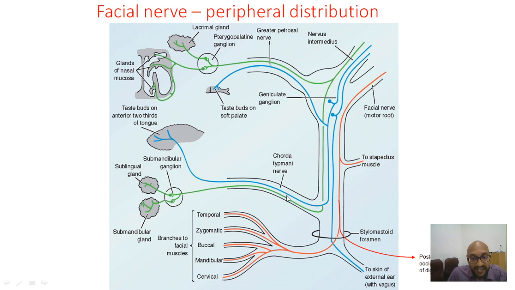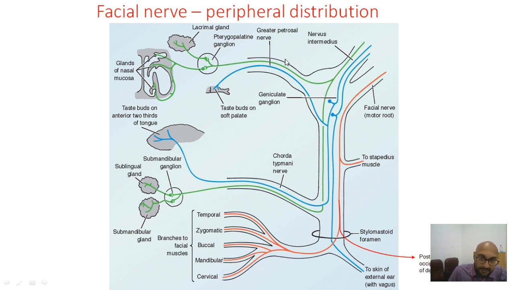And this nerve, again I'm repeating, has the sensory component as well as the parasympathetic component. The parasympathetic component is meant for the submandibular ganglion, and the sensory component, which is taste, is for the anterior two-thirds of the tongue, excluding the circumvallate papillae.